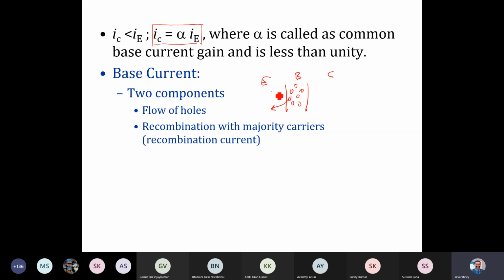Since electrons go from the emitter to the base, they may have some recombination, and because of this, holes are being supplied from the battery, let's say from the positive terminal. That constitutes the second component of the base current.